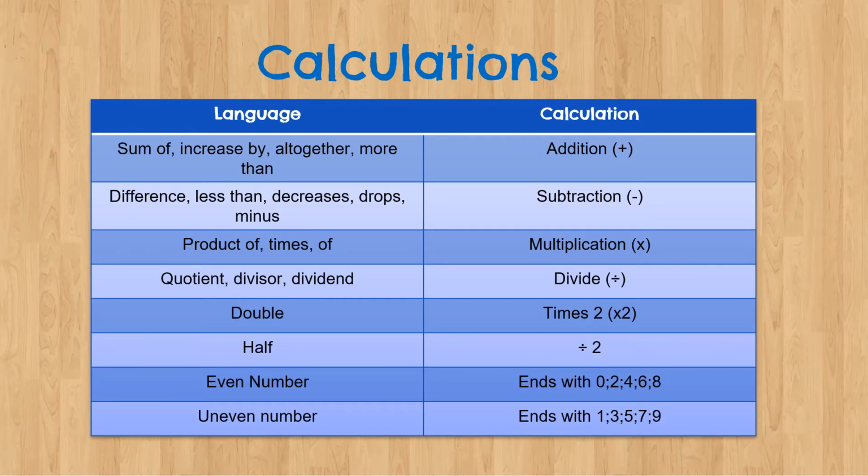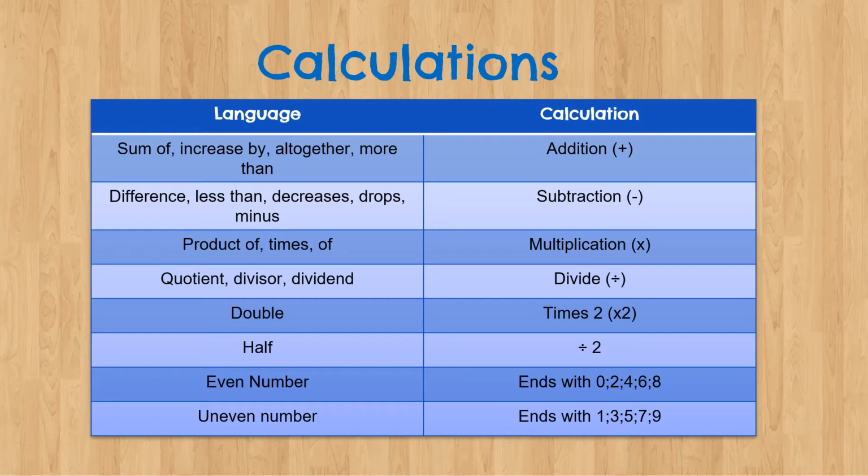Product of, times of, those are all multiplication. Quotient, divisor, dividend tells us that we have to divide. Double means times 2. Half is the opposite thereof, which means divide by 2.